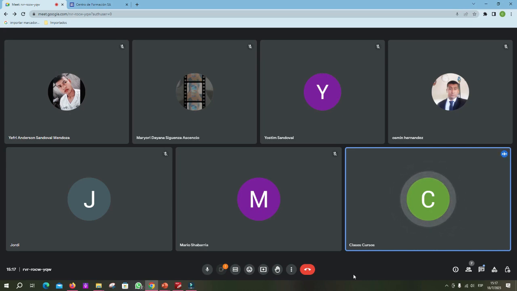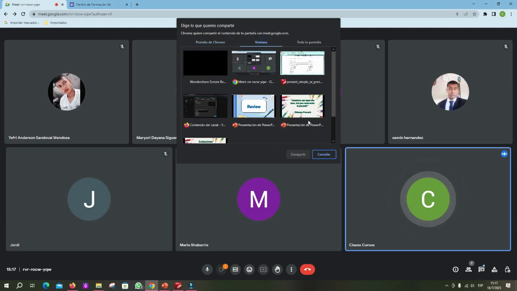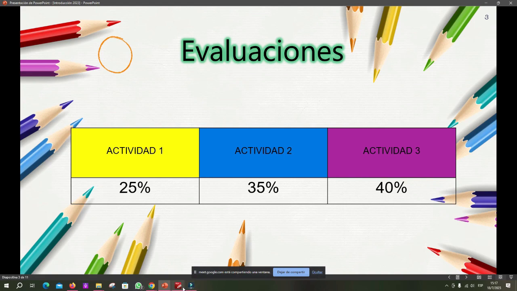Also, we're going to talk about the evaluations that you're going to do, some dates also, and we're going to make a little review about simple present, present continuous, and also the simple past. Okay, so let's start with the first thing that we are going to discuss today. That is about the evaluations.